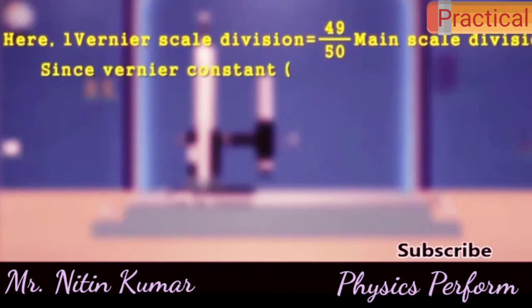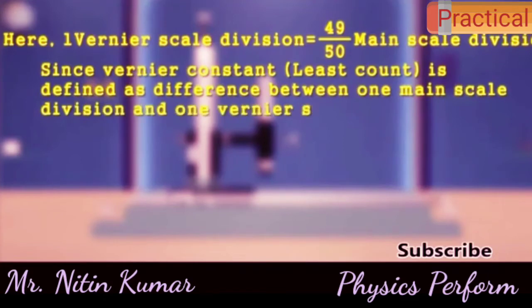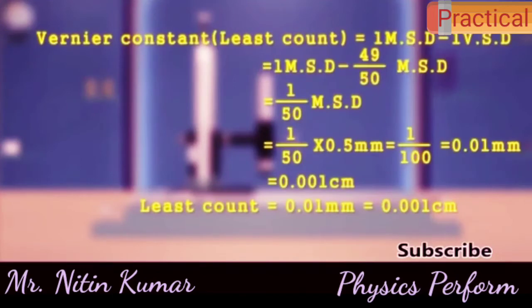Since the least count is defined as the difference between one main scale division and one vernier scale division, least count is equal to 1 main scale division minus 1 vernier scale division, that is equal to 1 main scale division minus 49 divided by 50 main scale divisions, that is equal to 1 divided by 50 main scale divisions. Least count is equal to 0.01 millimeters, that is 0.001 centimeters.